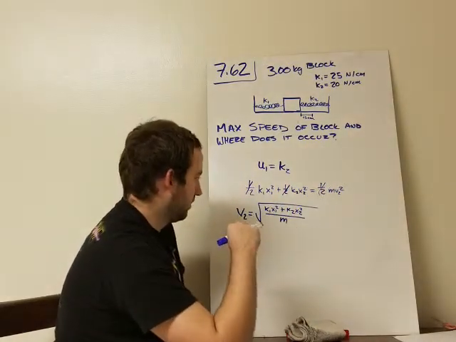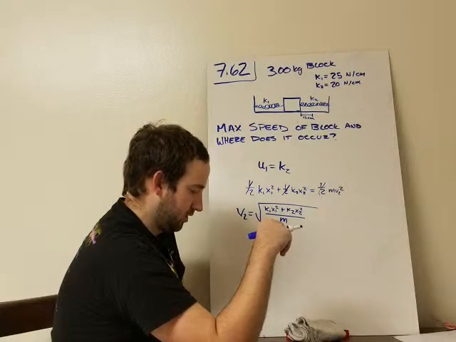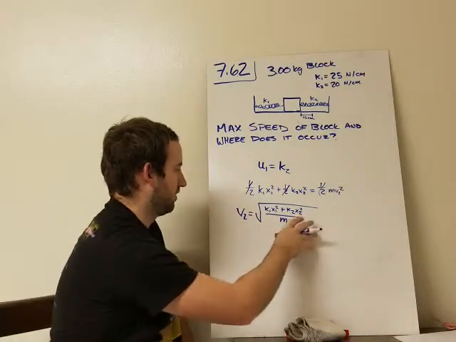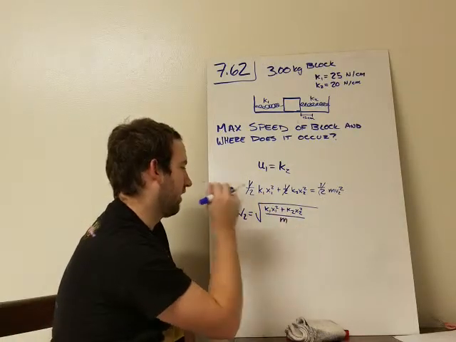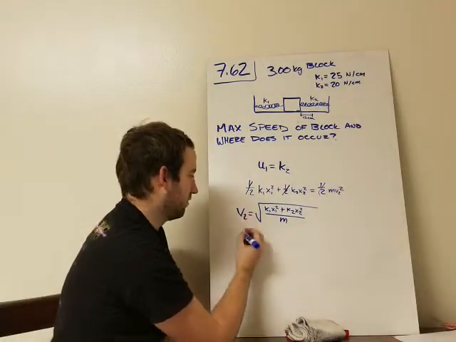Now, since the only unknown variable is the velocity, we can plug in the values we know and solve this.